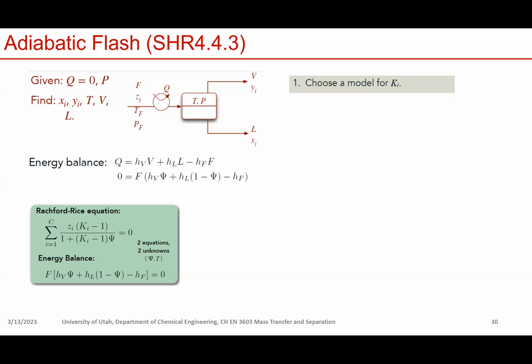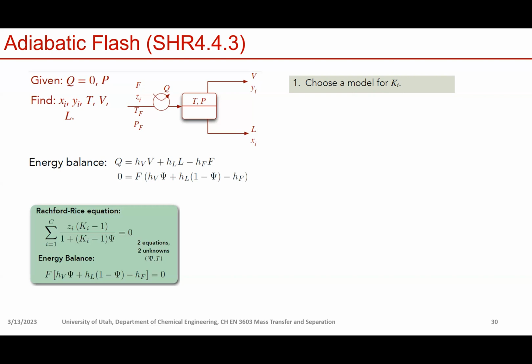So how do we solve this equation? Now, instead of solving one equation compared to the isothermal flash condition, we have to solve two equations. The way we solve it is, first you choose a model for K, right? That's always something you need to do.